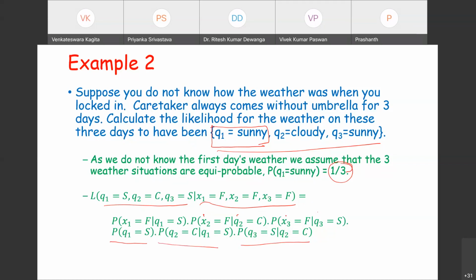Multiply all of them. So you would get 0.0057. Right? So this is how you can estimate the likelihood of a state sequence given observation sequence.